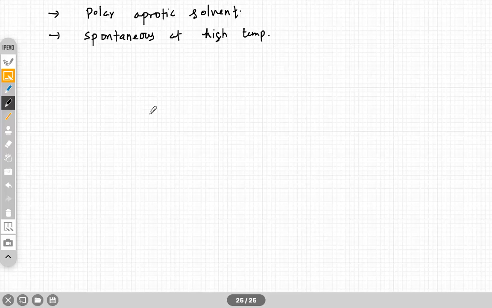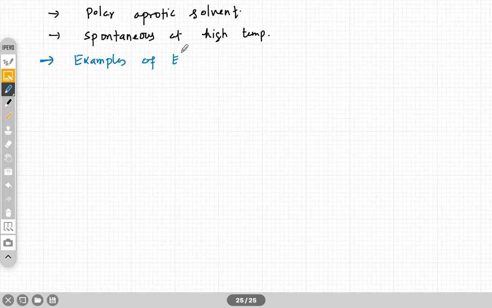Okay, now the examples of E2 reaction. The first one is the dehydrohalogenation reaction.